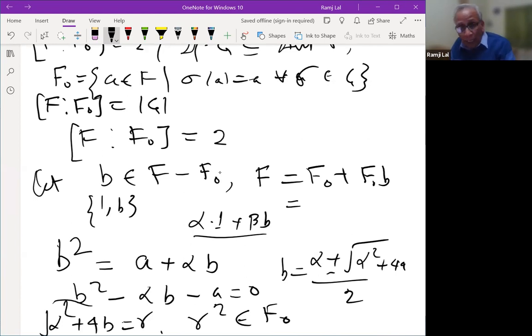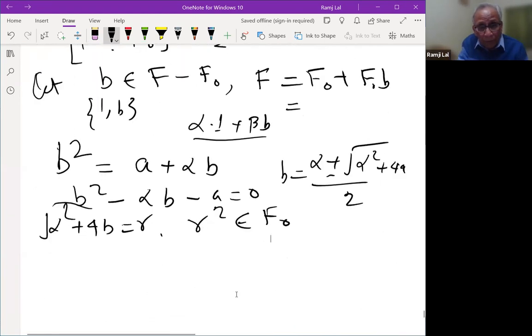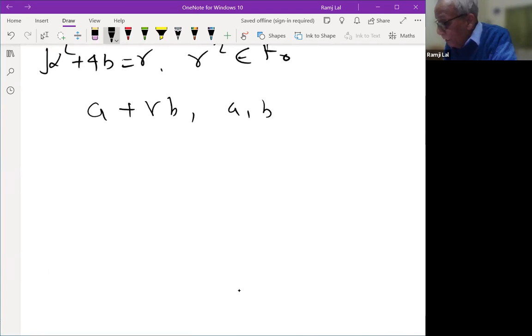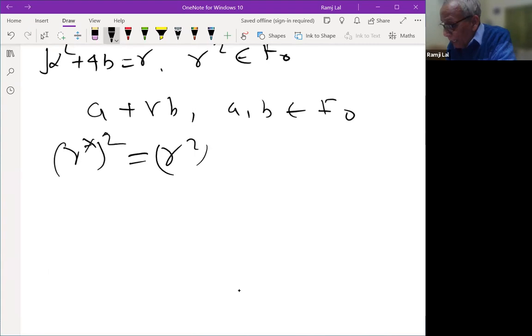So therefore, every element can be written as A plus gamma B, where A and B belong to F naught. And what is your gamma star? Gamma star square is equal to gamma square star, and gamma square is already a member of F naught, so this is gamma square.